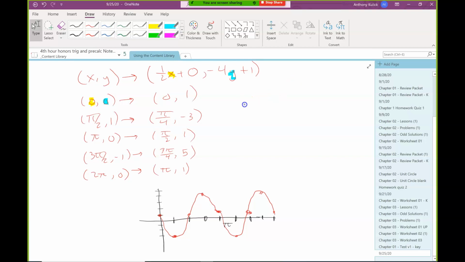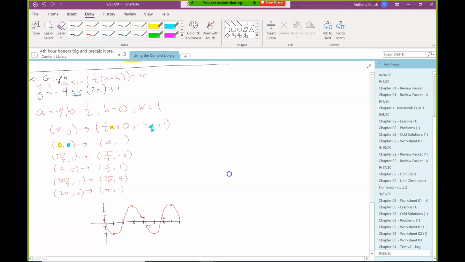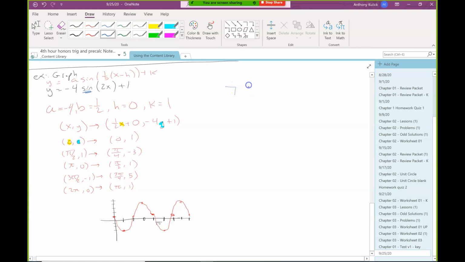So what if I also asked you, in addition to finding the graph, to describe the transformation in words in the proper order? Remember, the order we do is B, A, H, and then K. So the B value was +1/2. So we have no reflection from the B. But the magnitude of B is less than 1, so we have a horizontal shrink.